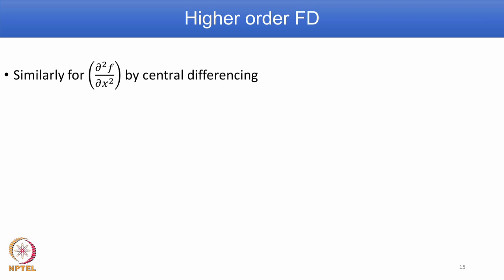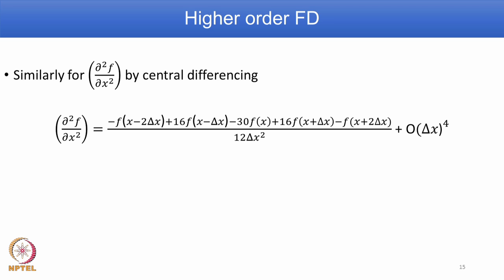We will now extend this procedure to get a higher order finite difference scheme for the second derivative, for example, by the central differentiating procedure. What is shown here is the final obtained formula, and as you can observe, this is of order 4.